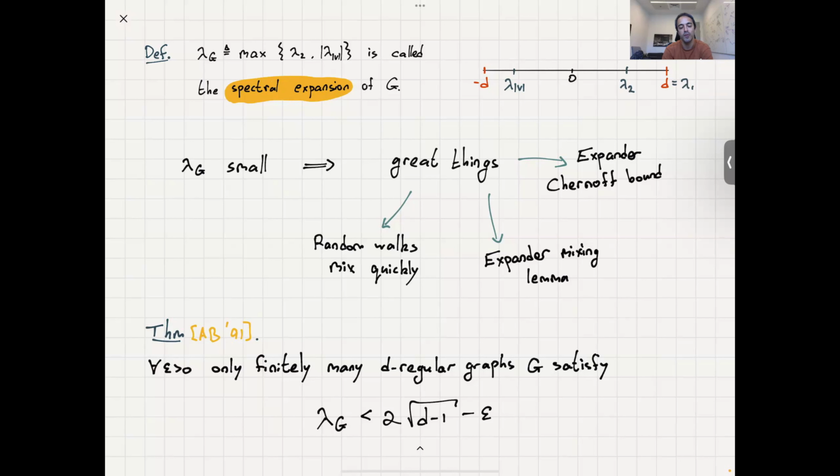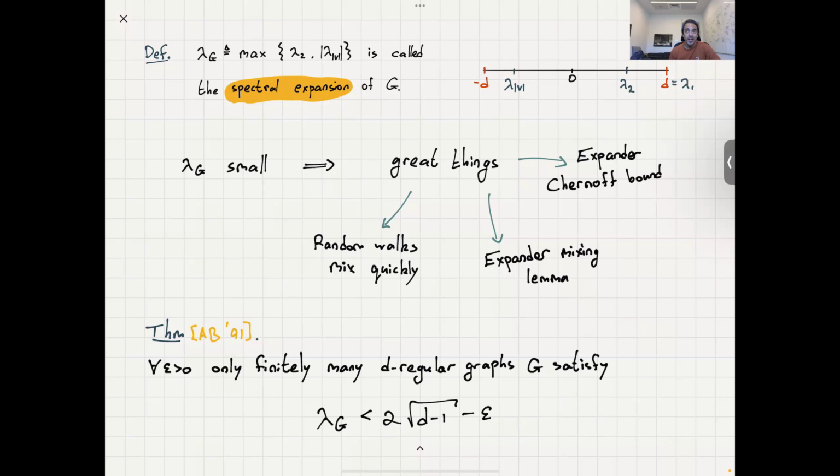A lot of the properties you enjoy by taking a random graph, you'll have in your deterministic graph, as long as that graph has a small lambda G. In particular, you will have an expander Chernoff bound, and random walks will mix quickly and so forth. But let me keep it at that and just say that we really want D-regular graphs where lambda G is small.